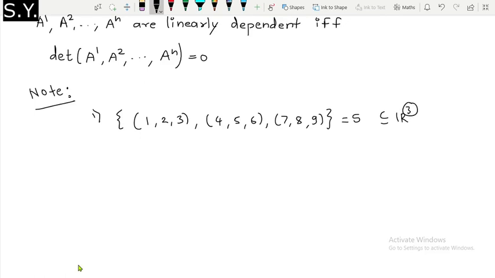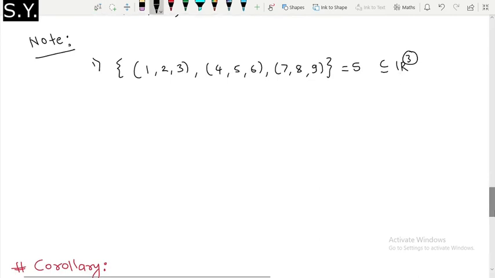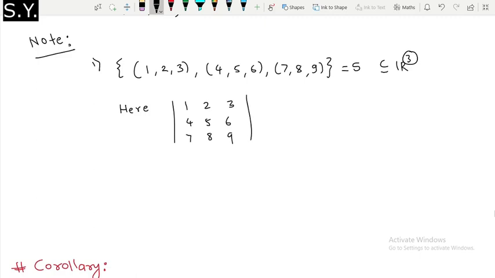The value of n is 3 and the number of vectors in the set is also 3, so you can use the concept of determinant. Simply find the determinant of 1 2 3, 4 5 6 and 7 8 9, and you can check that it comes out to be 0. Since this determinant is 0, S is linearly dependent.